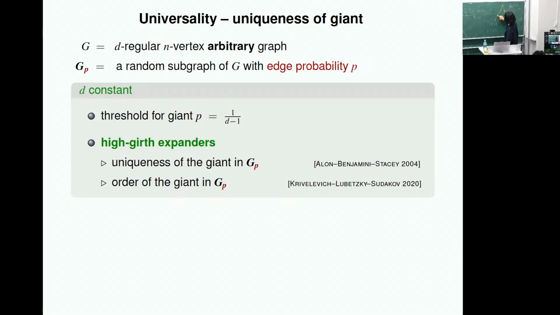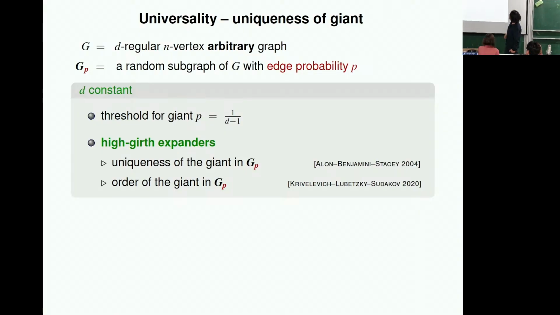Because I came from somewhere, I have to eliminate this effect, so I have only D minus 1 potential children. So the threshold is 1 over D minus 1. If D is large, 1 over D minus 1 and 1 over D are ignored; they are the same order. But if D is a constant, 1 over 2 is different from 1 over 3, right? If D is 3. So it's very important that it's 1 over D minus 1.